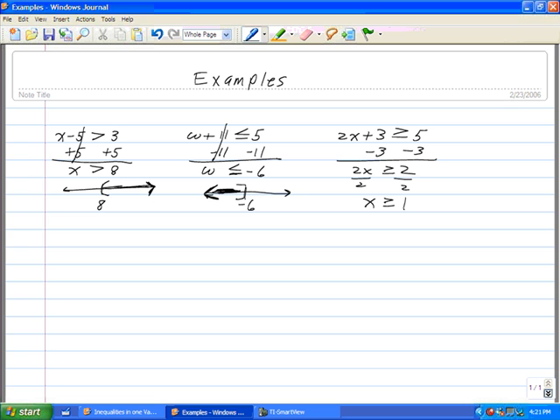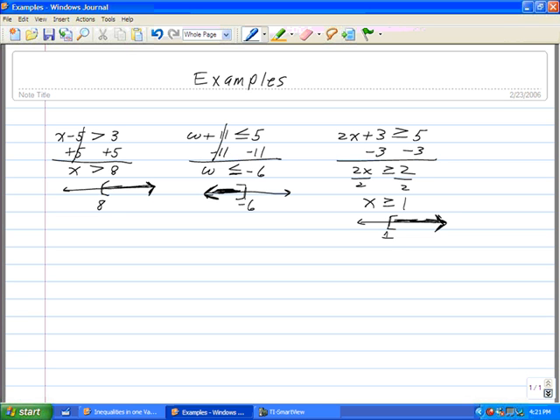And once again I can draw my answer. Here is the 1 on the number line. I will use the square box because the or equal to was there, and the shading would occur out to the right hand side. And division works the same way. Right? Division works, and multiplication would work just as well.